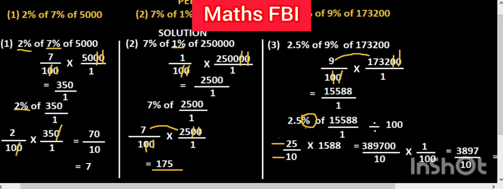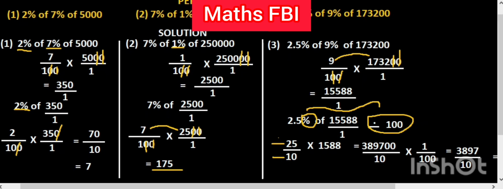So at the end of it all, whatever we get as our outcome will be divided by 100. Percent means over 100, okay? So that is exactly what we're doing here. That's why we brought in this 100. This over 100 is the same as this.